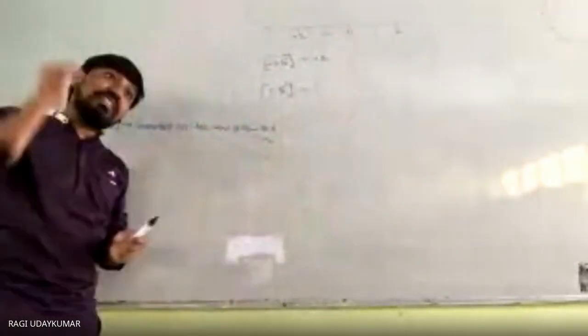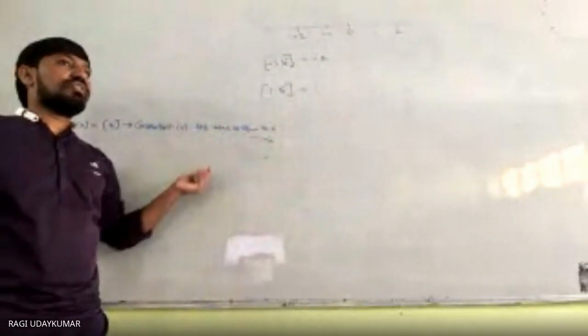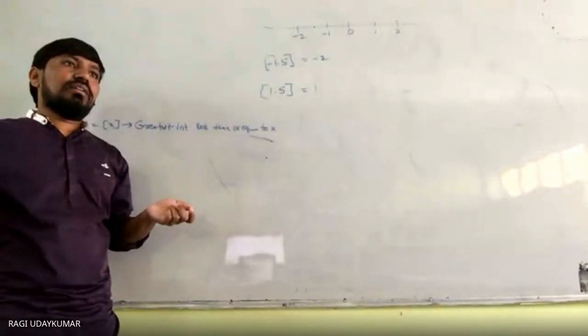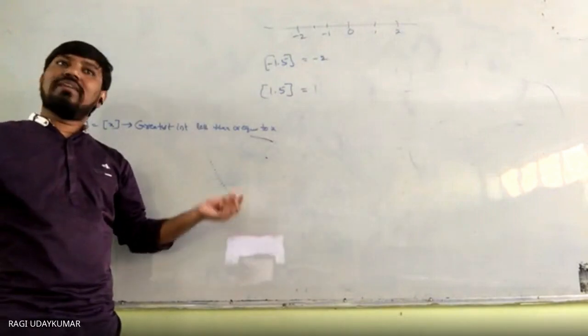That question can also be asked in the functions chapter. There is a chance of asking you: what is the range of the greatest integer function? The range of the greatest integer function will be only integers, whatever number you take.